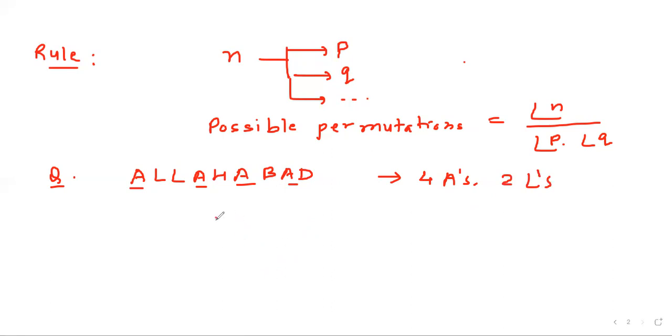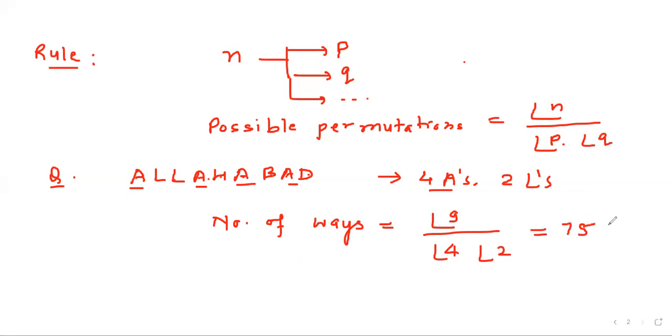So the number of ways is equal to the total number of letters, 1, 2, 3, 4, 5, 6, 7, 8, 9. So factorial 9 divided by factorial 4 and factorial 2, which can be simplified, and after simplification we will get 7560.